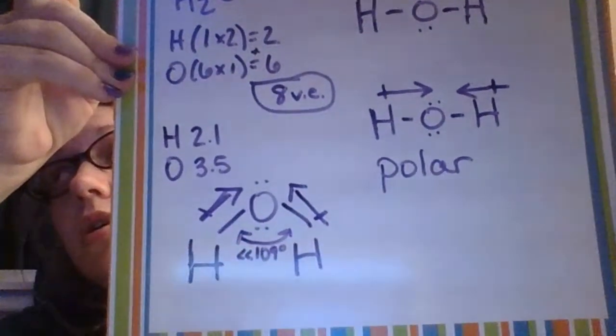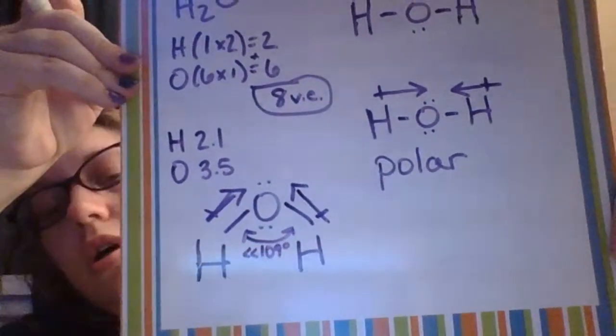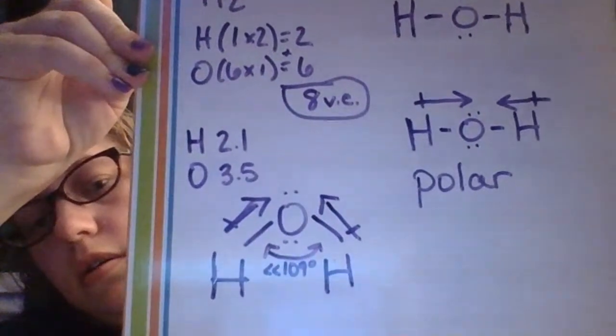So there is that equation. And that is also my next one. Give one example of a polar molecule and how it's different from carbon dioxide.